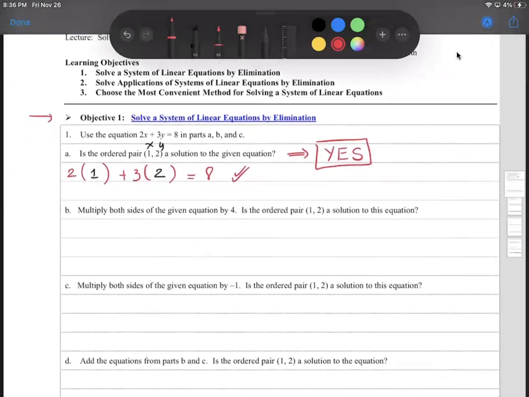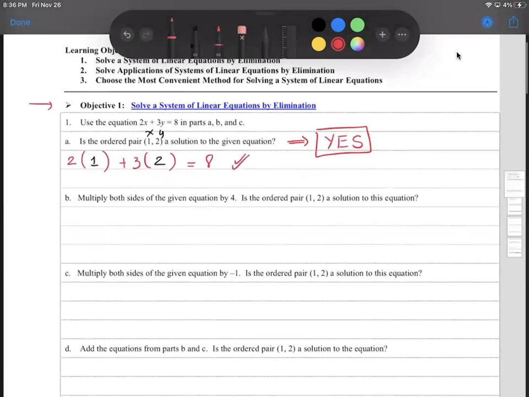Next, multiply both sides of the given equation by 4. Is the ordered pair (1, 2) a solution to this equation? So they ask us to multiply the given equation by 4. Let me rewrite the equation here. I've got 2x plus 3y equals 8, and I want to multiply it by 4. You can put it in the front or in the back, it doesn't matter.